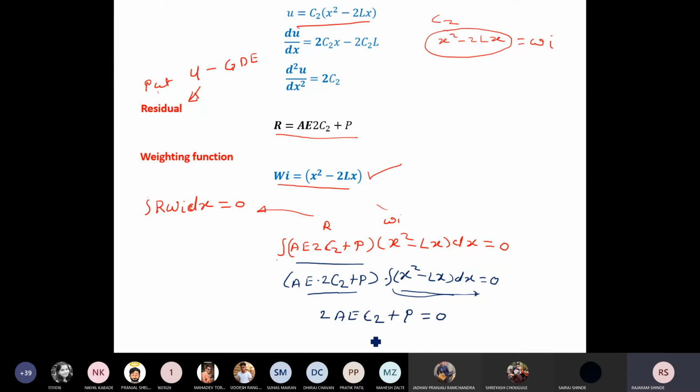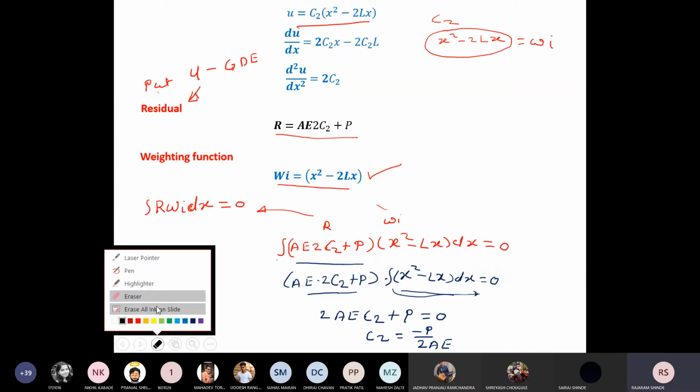Now from this equation, C2 equals minus P by 2AE. This is the value of C2. Now you got this unknown parameter, you put it in the polynomial.